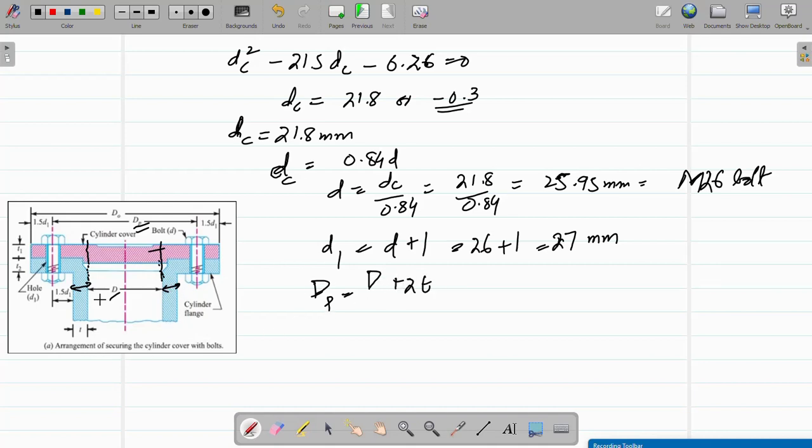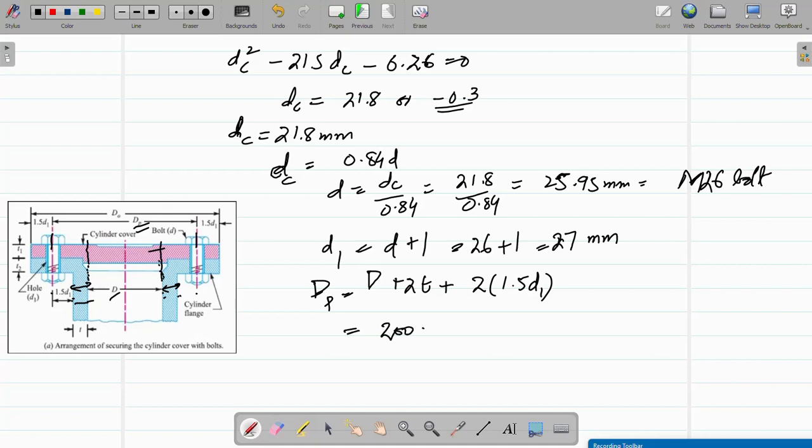You see t here and t here, plus the distance from this side to the center of the bolt, which is 1.5 d1, plus 2 into 1.5 times d1. The pitch diameter, the distance from one bolt center to the other, can be found from the effective diameter, which is the diameter of the cylinder, plus the thickness of the wall on either side, 2t, plus the distance from the edge of the wall to the center of the bolt, 1.5 d1, and 1.5 d1 on the other side. Clear?